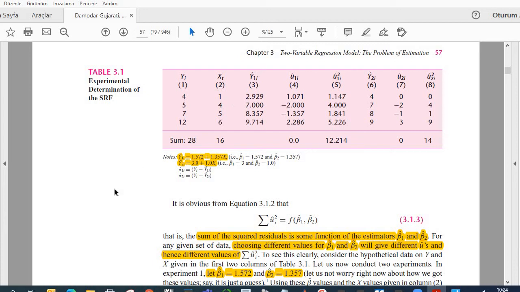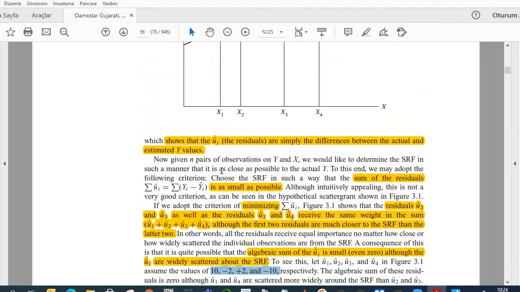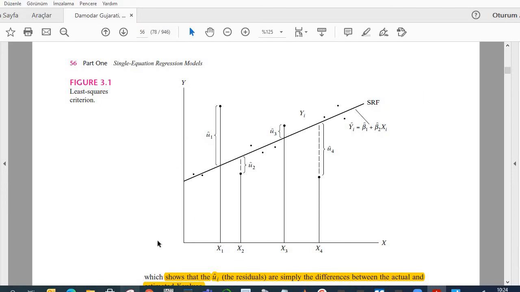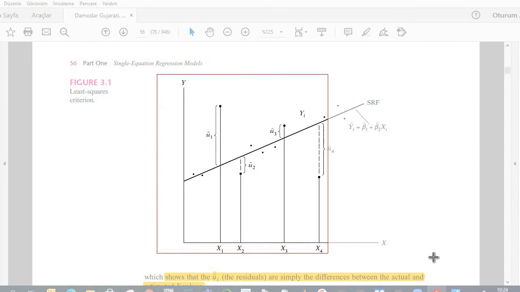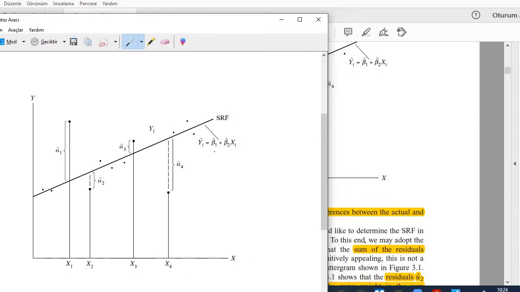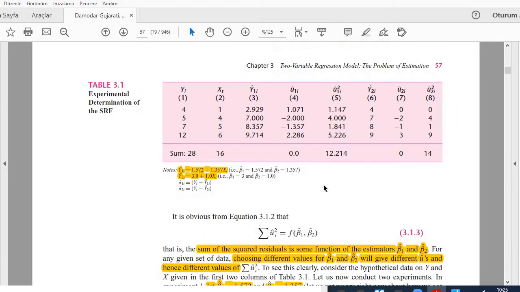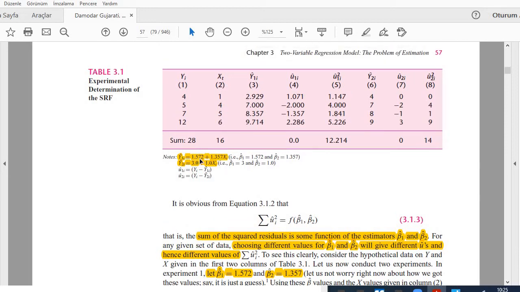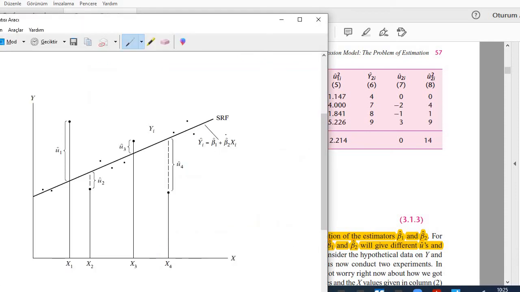So the first equation is y hat equals 1.5 plus 1.3 x_i.